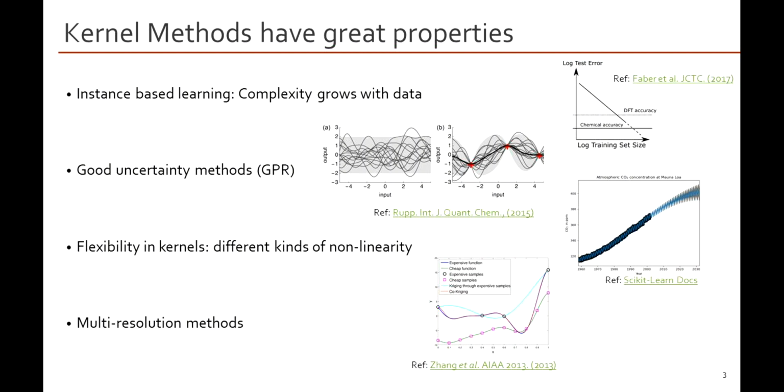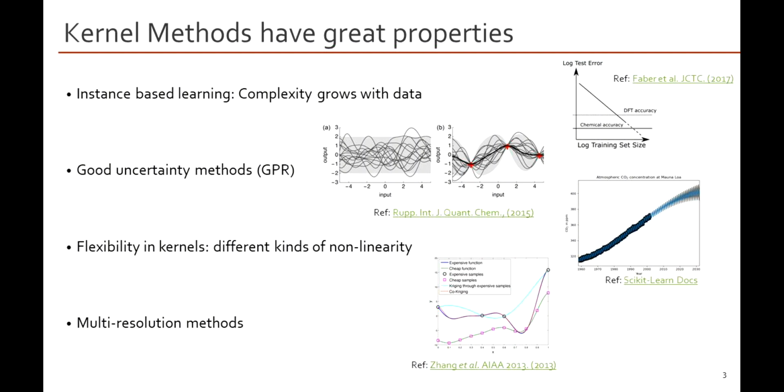Co-kriging, which is a multi-resolution or multi-fidelity method, allows me to train a machine learning model on both kinds of data in a way that gives me a model that would be better than if I trained on the high or the low fidelity data individually. And this technique is built upon these concepts of kernels.